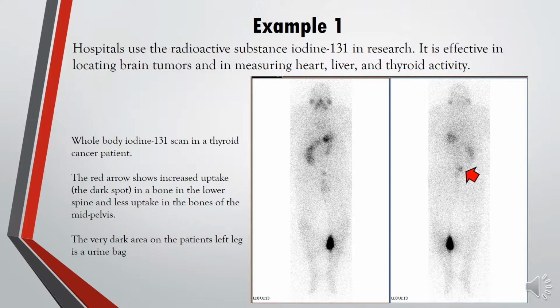In this picture, the red arrow on the right is showing that little dark spot, which is where the cancer is still active. If you compare the before and after pictures, there's less uptake in the mid-pelvis area, which would mean that the cancer had gone away in that area. It also notes that the dark spot at the bottom near the patient's leg is just the urine bag. So this patient has been catheterized while they were doing the scan.